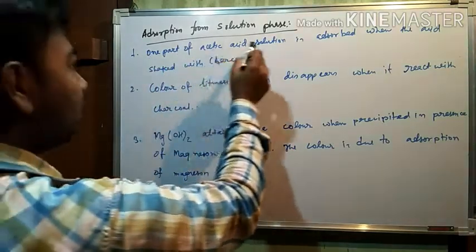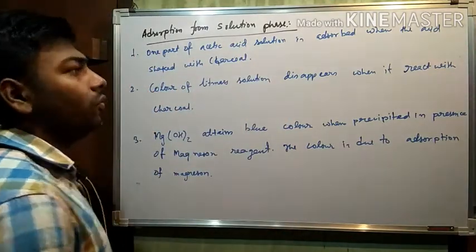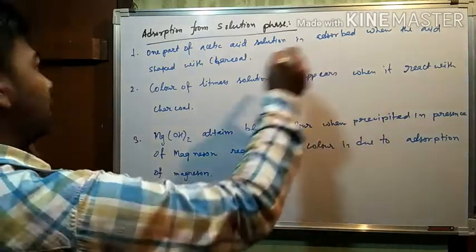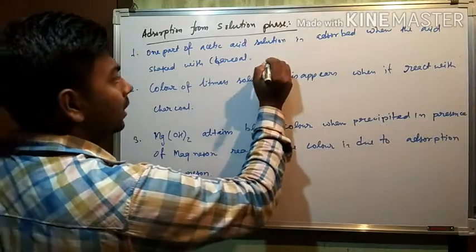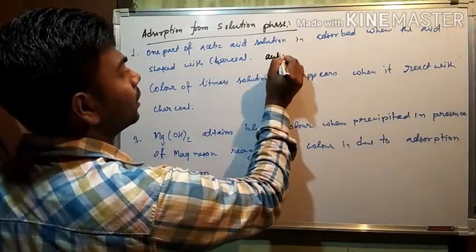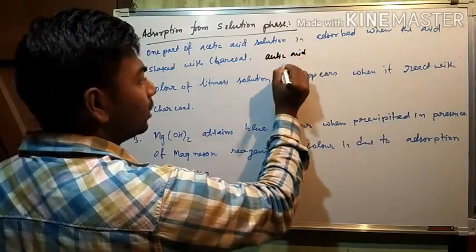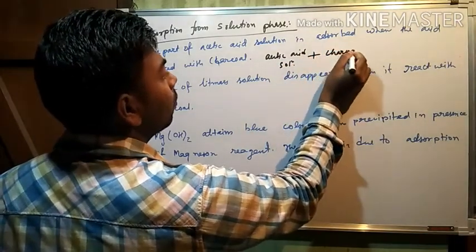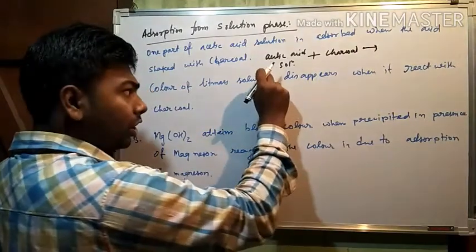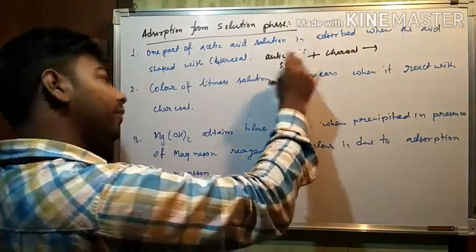One part of acetic acid is adsorbed when we add charcoal to the acid and shake. Suppose an acid solution is there. When we add charcoal, the concentration of acetic acid decreases compared to before.